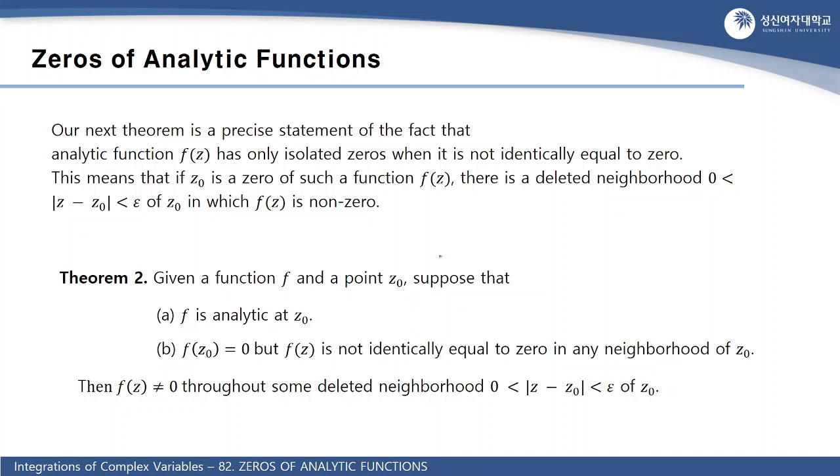Okay, next theorem states the fact that a nonzero analytic function f(z) has only isolated zeros when it is not identically equal to 0.